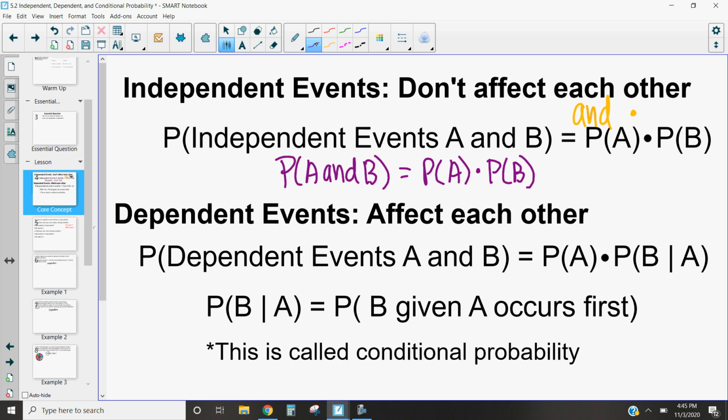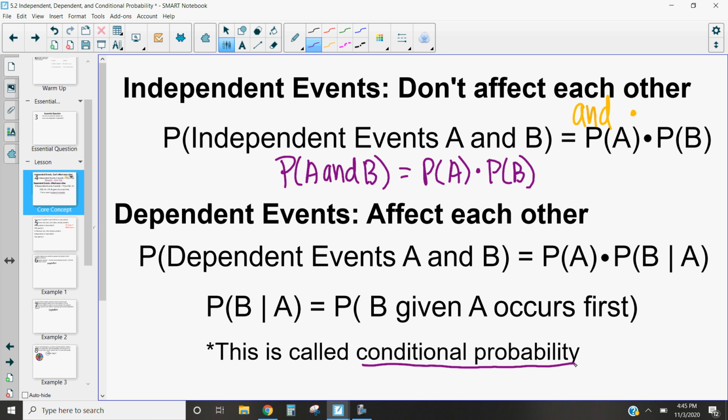There we go. Dependent events are ones that affect each other. Because they affect each other, we have to take into account something called conditional probability. What conditional probability says is we're going to look at the probability something happens if something else has happened prior to it.